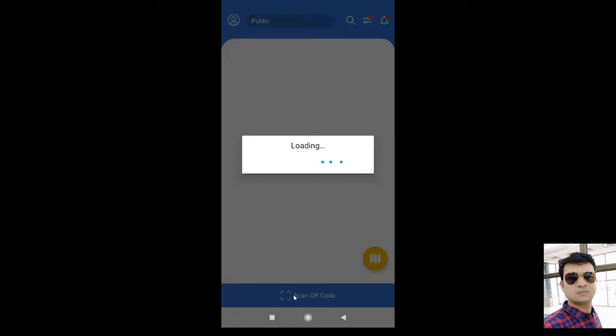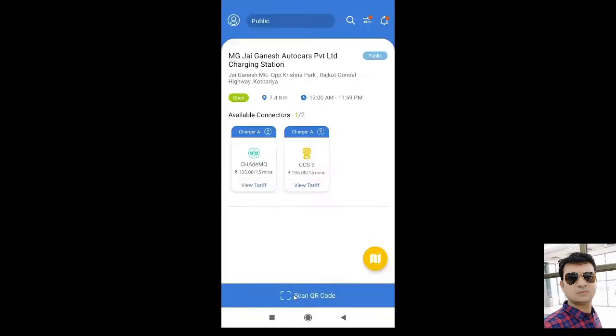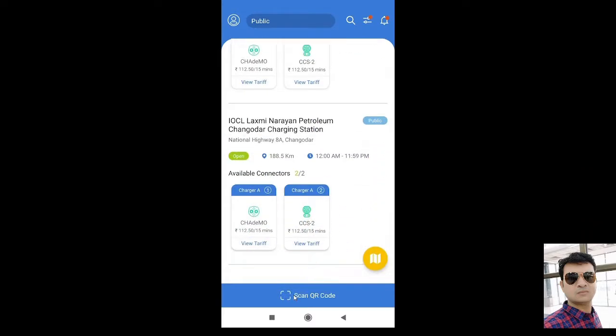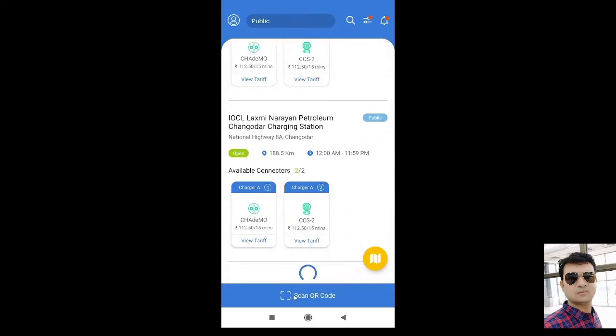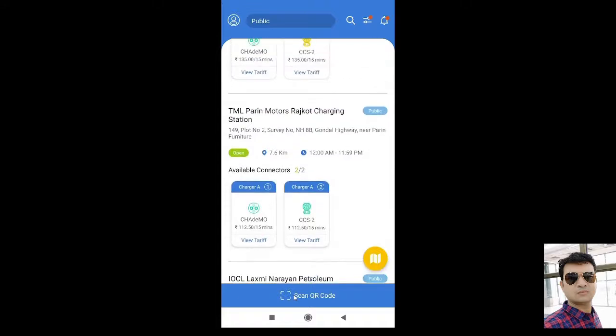It is loading, so it will take some time. Okay, so these are the DC chargers in Rajkot, Jai Ganesh Auto Car Private Limited. This location is near Rajkot.